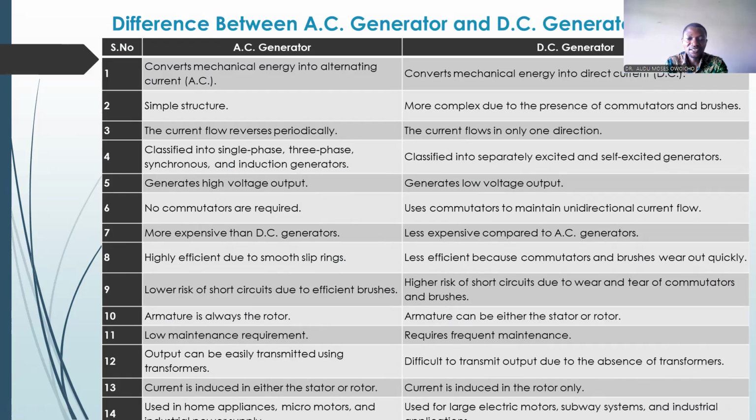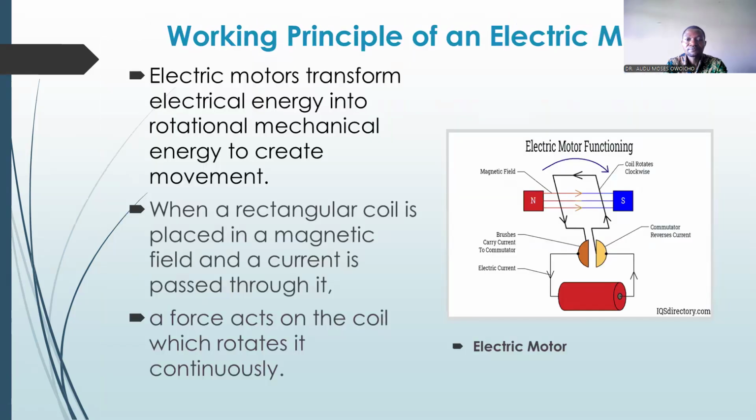AC generator uses a transformer, while a DC generator does not use a transformer. In AC generator, current is induced in either the stator or the rotor, while in DC, current is induced in the rotor only. AC generator is used in home appliances, micro motors, among others, while DC generator is used for large electric motors.